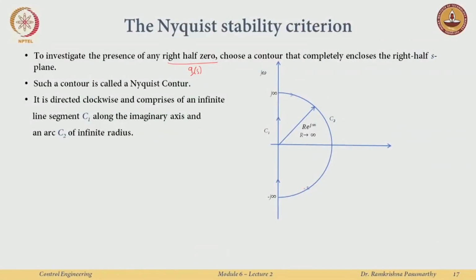Now, choose a contour that completely encloses the right half S plane, and this is called the Nyquist contour. Again, it is directed clockwise and comprises an infinite line segment, j omega with omega to infinity, and then an arc of again infinite radius. So, what happens along C1?